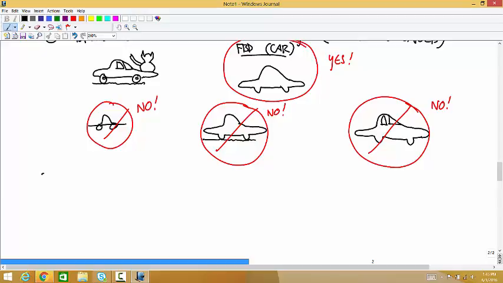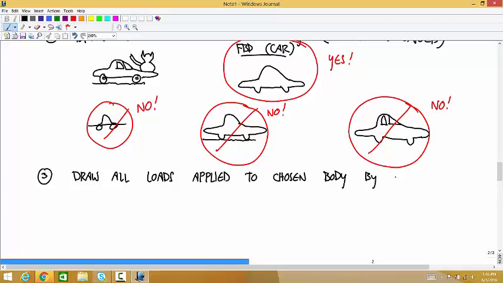The third step, draw all the loads applied to the chosen body by, let's say, external objects.